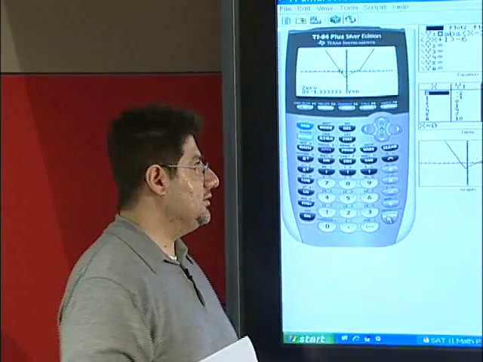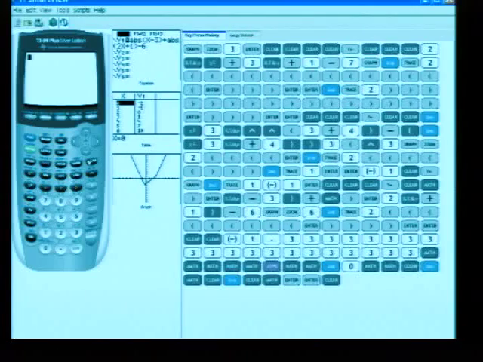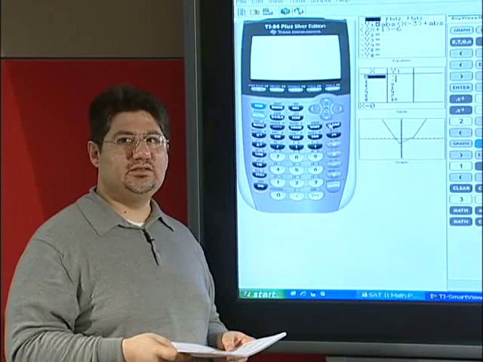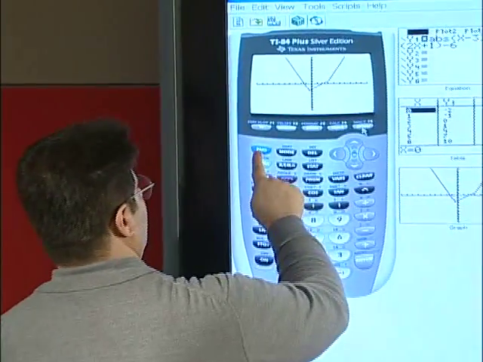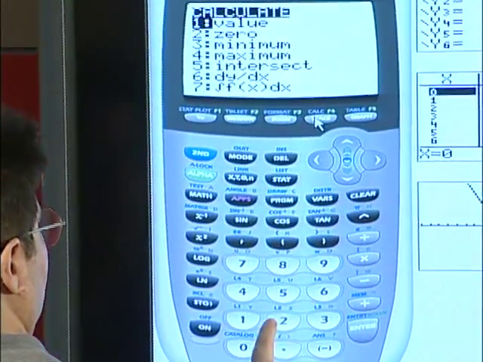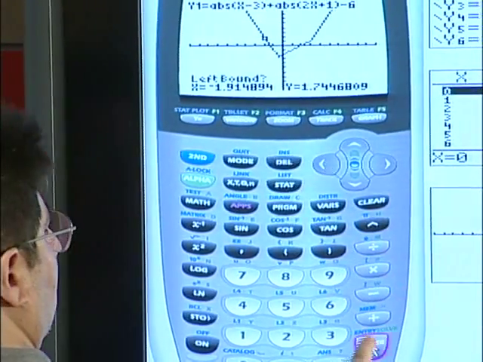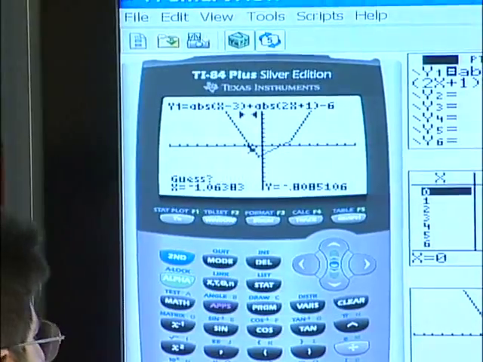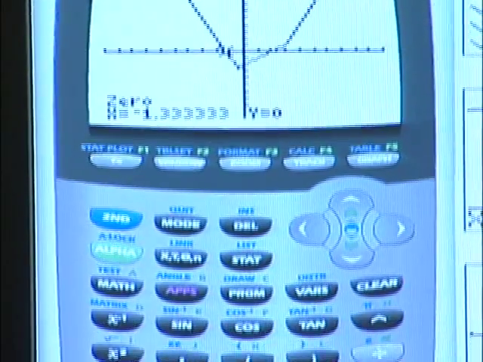Please note that sometimes the answer will not be given as a decimal. We have found that the first 0 is minus 1.33, and we have seen that it is a recurring decimal. Sometimes the answers are not given in decimals.